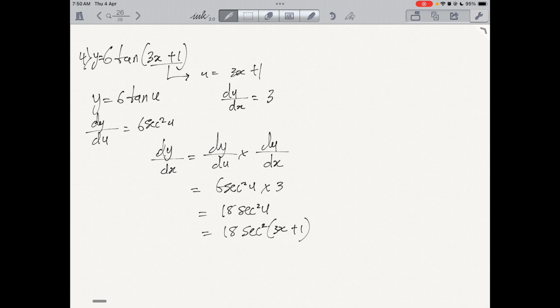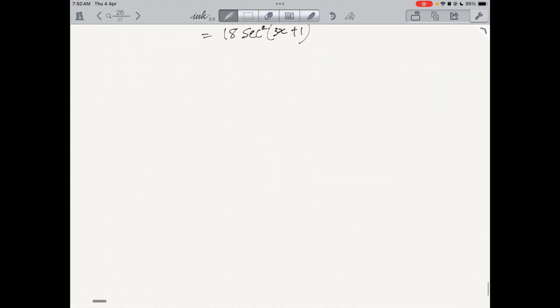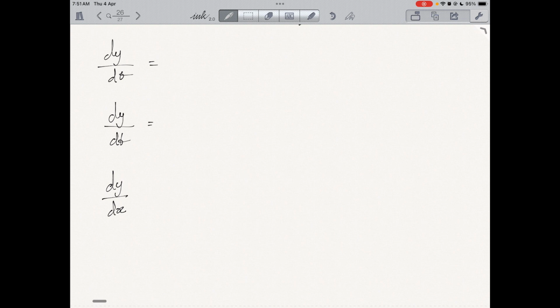Now we will notice that when we are doing, let's say, dy/d theta, dy/dt, and dy/dx, in terms of function of a function, the first is always dy/du, which is being multiplied by something.